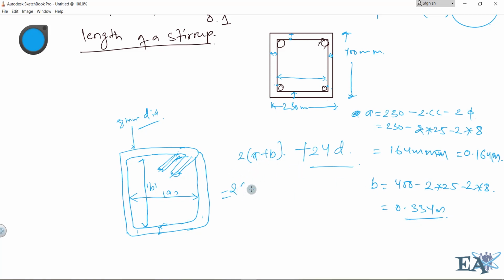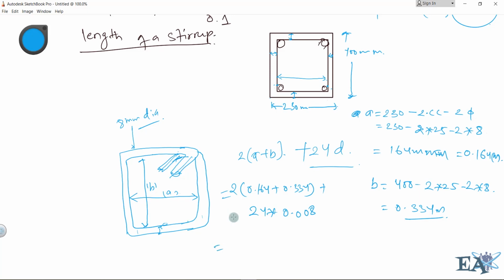So now let me put this thing into the formula. 0.164 plus 0.334 plus, okay, so I have to convert the unit here as well, 24 into 0.008. So just dividing 8 mm by 1000 to convert it into meter.